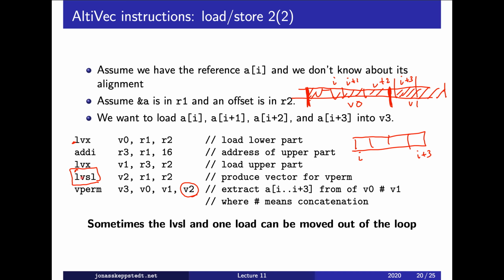So that one can be moved out of the loop. And we can also see that this load in the next iteration is the same as this one. So only one vector load is needed per loop iteration if we pipeline the vector load instruction. These are details which affect performance.